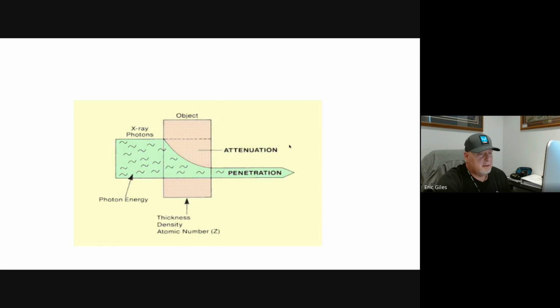That's what gives us our latent image. The X-rays or the photons that come through are going to come through as dark. If there's any bone or dense tissue, it's going to be a little bit lighter on our image, just because those areas of the body absorb the X-ray photons, and that's what is called attenuation. It's when the X-rays go through the body and are attenuated by different tissues, leaving us with a latent image on our image receptor. Okay, hope that makes sense.